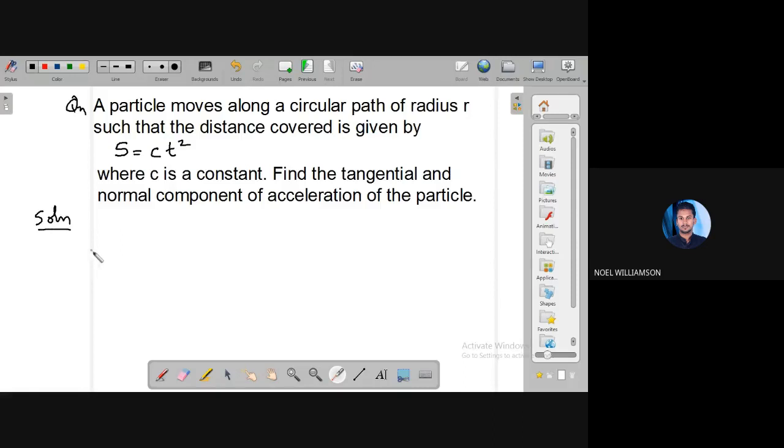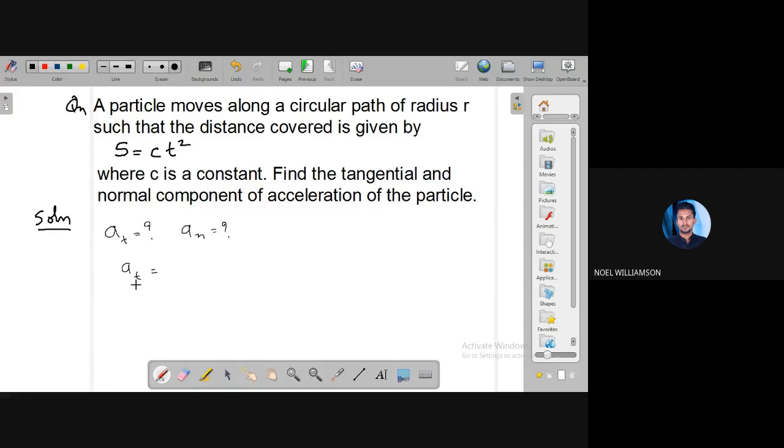Okay, so what is asked? What we have to find? We have to find two things, that is tangential and normal component of acceleration. That is, we have to find AT and AN. So what is the relation for AT?